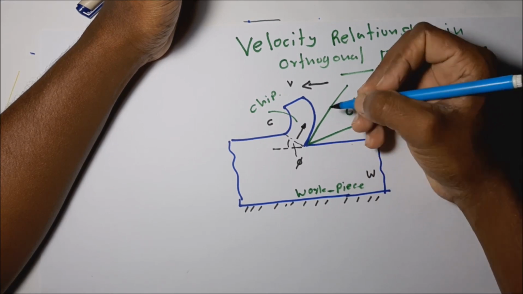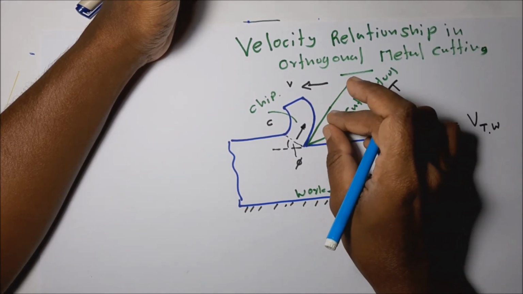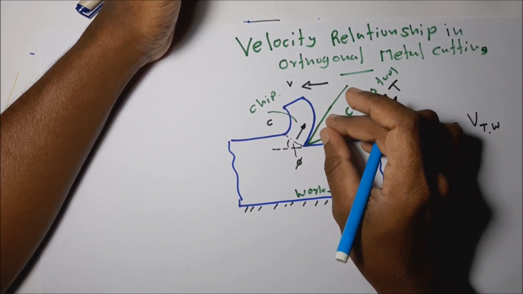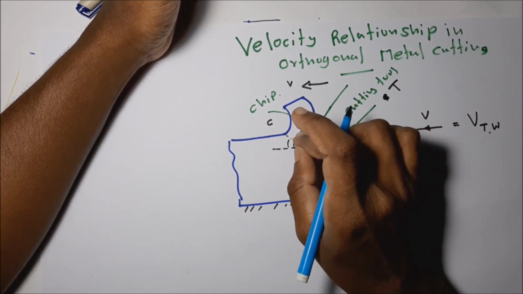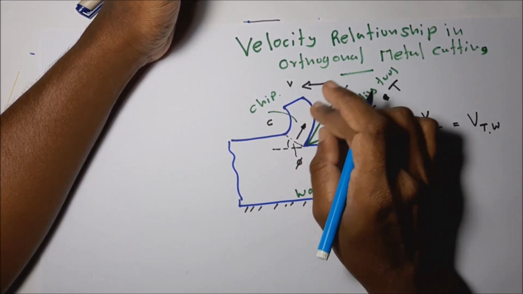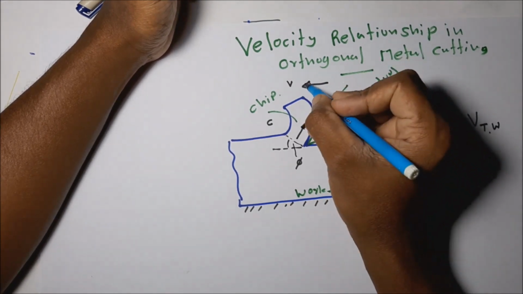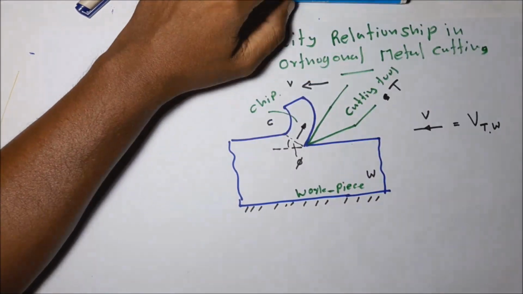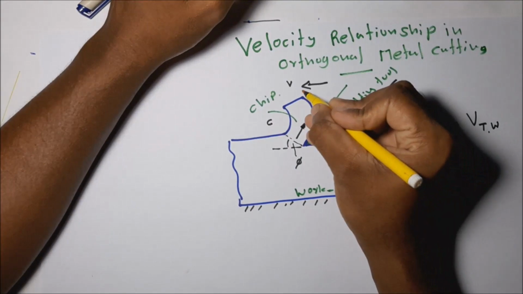That means the chip flows over the face of the tool. We can draw the rake angle also here.